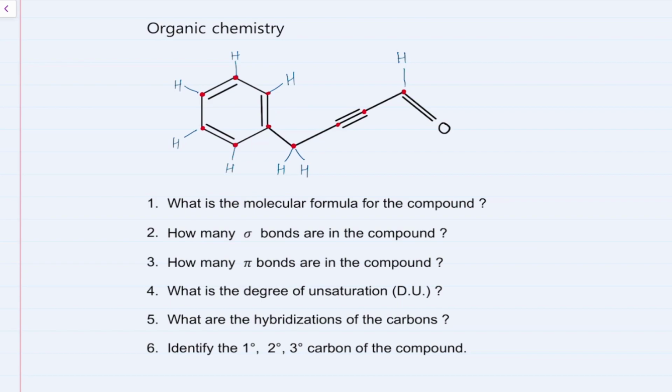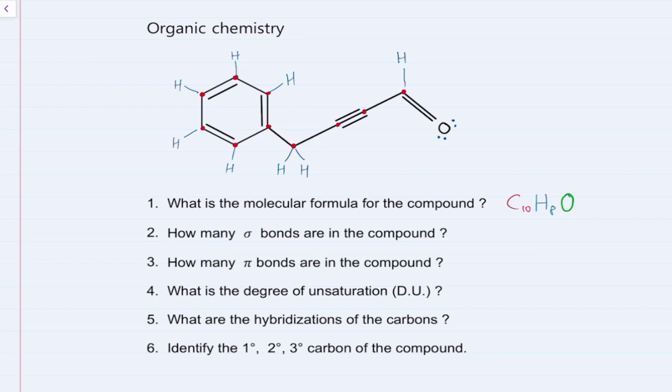So there are 8 hydrogens in total, and we see 1 oxygen with 2 lone pair electrons. So the molecular formula for the compound is C10H8O.